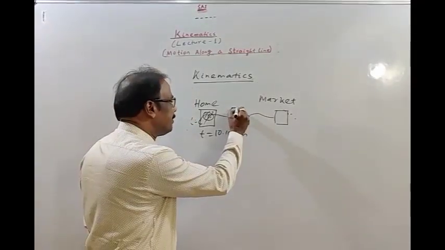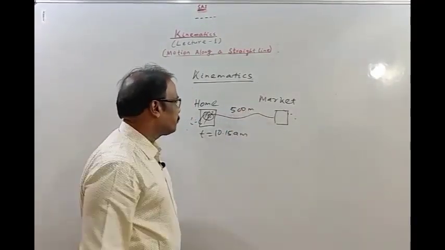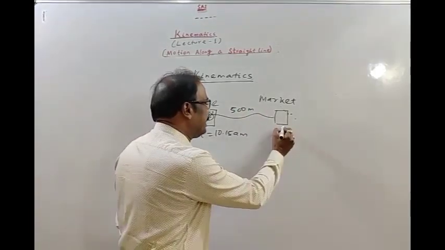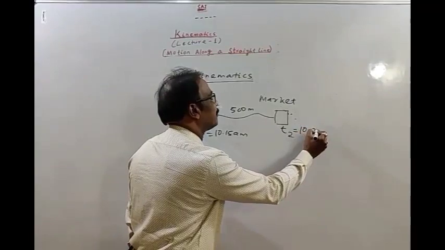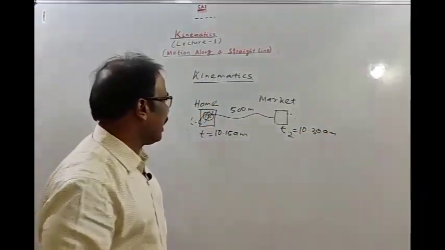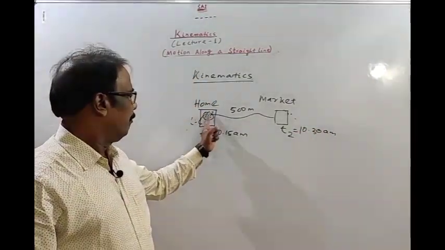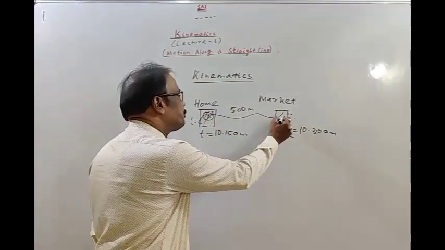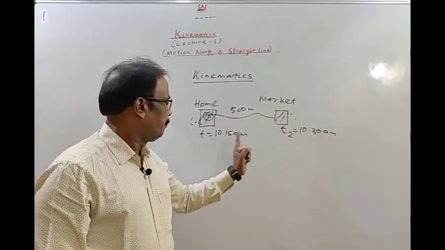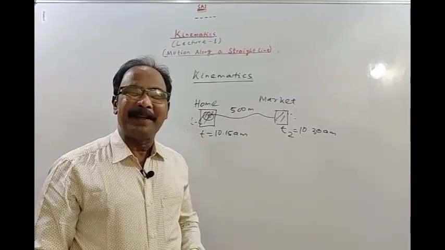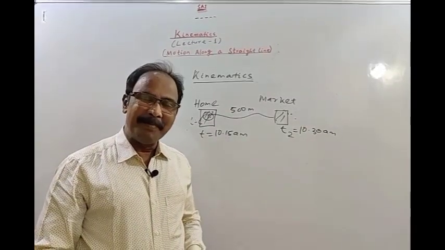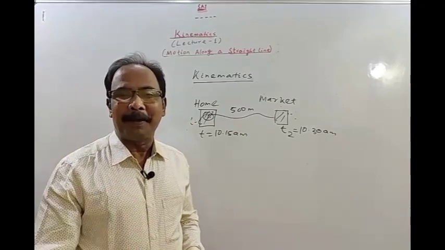Distance may be measured as 500 meters. And when he reaches, let the time be 10:30 a.m. Then the time taken by the man to change his position is 15 minutes. Thus it is clear that to change position, there must be some interval of time.